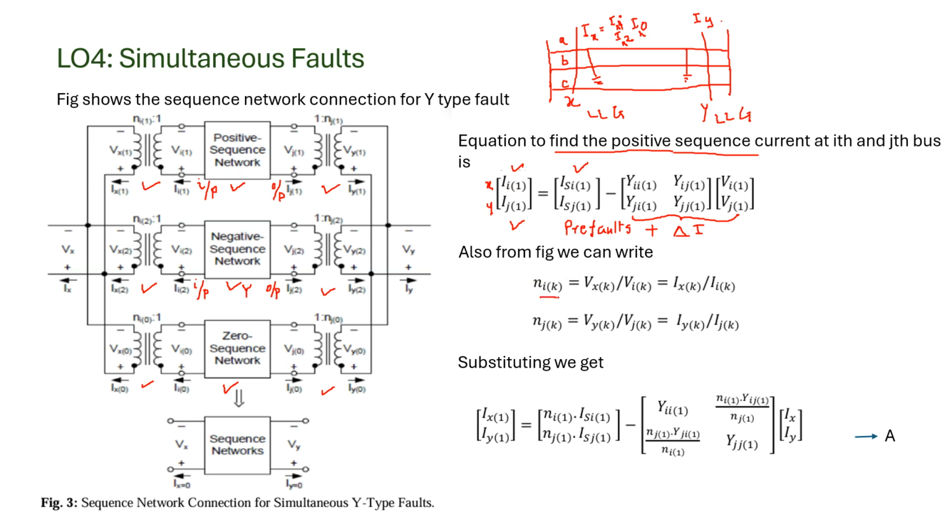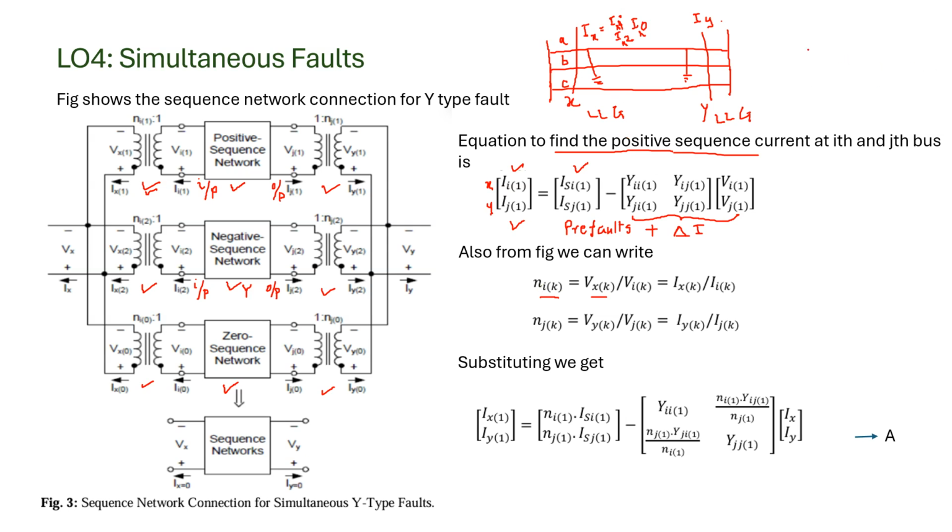So what does this indicate? As I told, these transformers work as isolation transformers, they do not work as transformers here. They just take care of the line on which the fault has taken place.